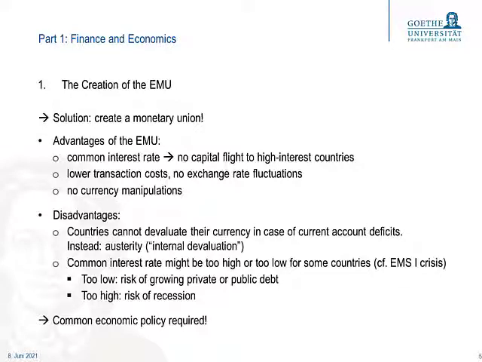Another problematic consequence of a monetary union is that this common interest rate is just the average. So it might be, or it will almost by necessity be too high or too low for some. There will be some areas where you would need a higher interest rate. And there are other areas where you would need a lower interest rate because there's almost no economic activity.